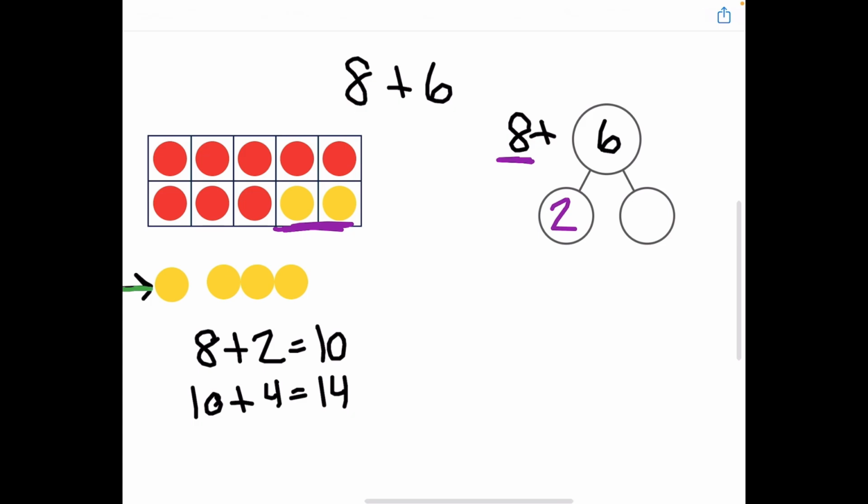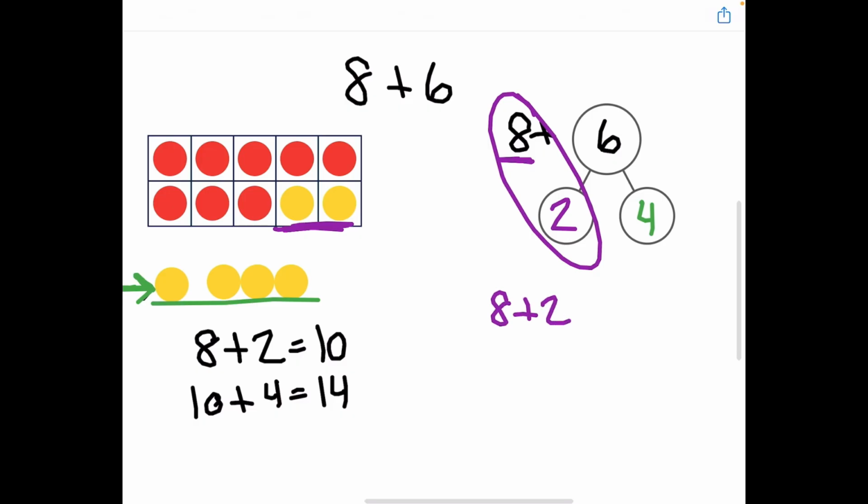Well, from our model, we see that there's 4 left because 2 plus 4 equals 6. So now we're going to make our 10, 8 plus 2 equals 10. Then I'm going to add on my other part, so 10 plus 4 equals 14.